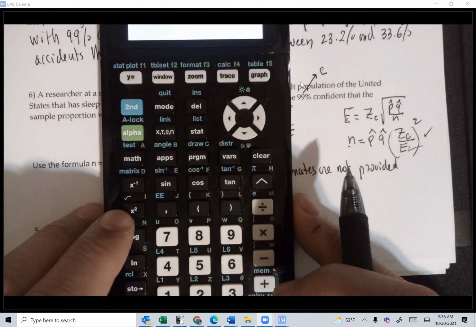Remember, the sample size has to be a whole number. So for the minimum sample size, you always round up. Round up your answer, because 663 will not be enough, since it has to be 663 and a little bit more. So round up your answer for sample size.